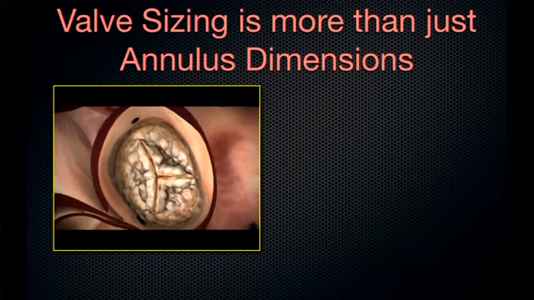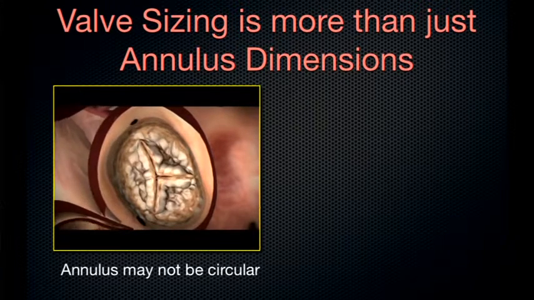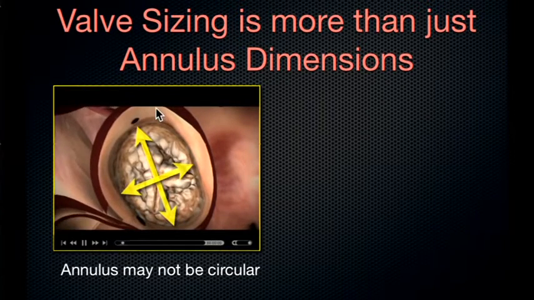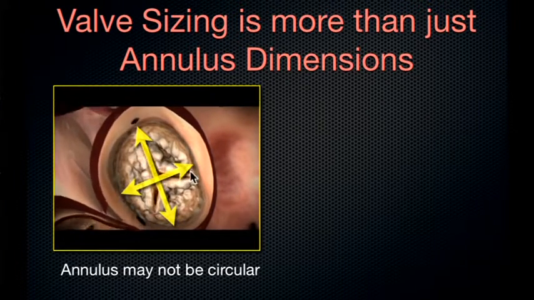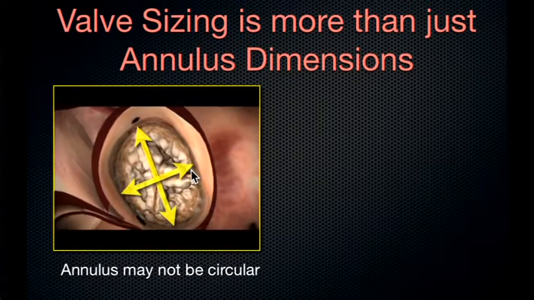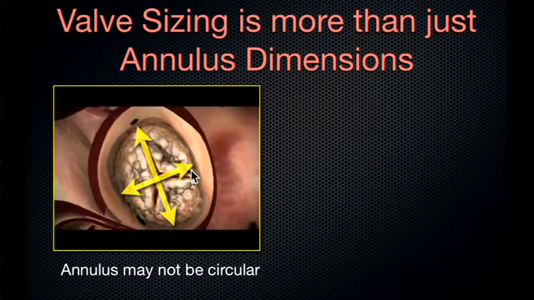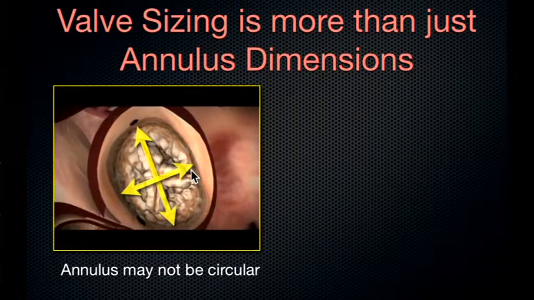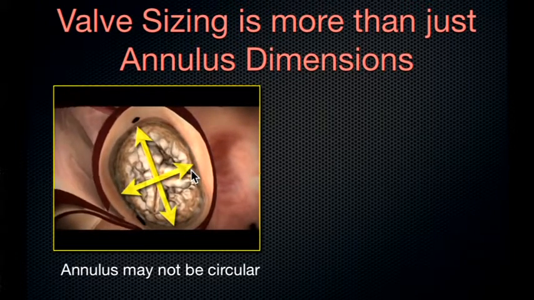One of them is that the annulus may not be circular. In fact, frequently it's not circular. So the diameter that we measure in one plane may not be the same as it is in the other plane. And that's another reason why we should be making annular assessments with a 3D technique, be it 3D TE or multi-slice CT.